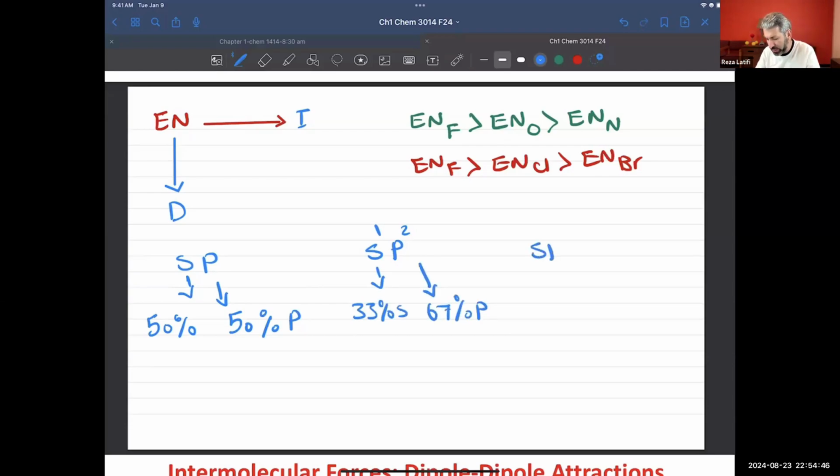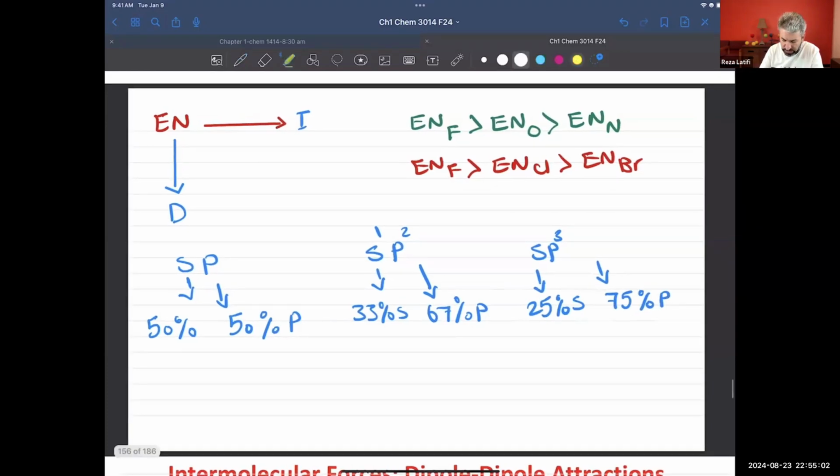Then sp3 will be 25% s character and 75% p character. As the contribution of s character goes down, electronegativity will go down.